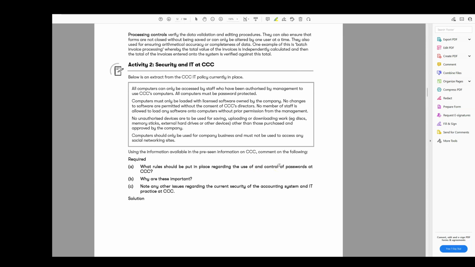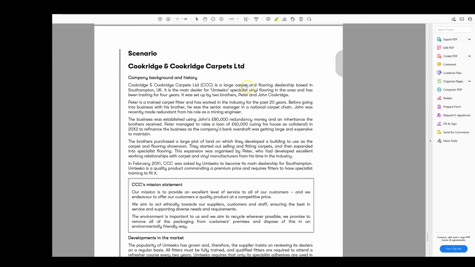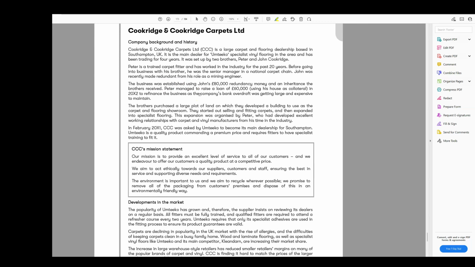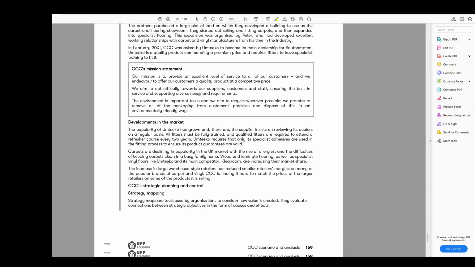For that reason, we have to read the CCC scenario that is at the back of our book. So let's have a look at that. This is our scenario for Cookridge Carpets Limited, and this is the company background and history. You have to make sure you read this scenario because it could be helpful for answering a few questions.